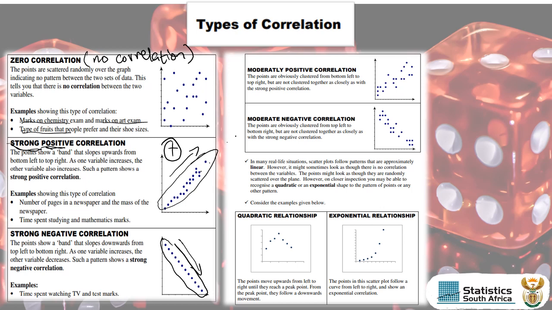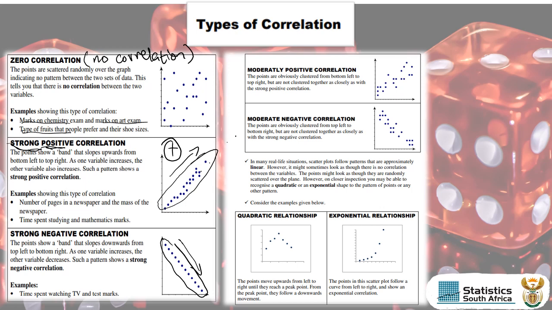So we say it's a strong negative correlation. As one variable is increasing, the other variable is decreasing. An example: the time spent watching TV and the test marks, or we can say the time spent playing, not watching TV mostly, but also watching TV.